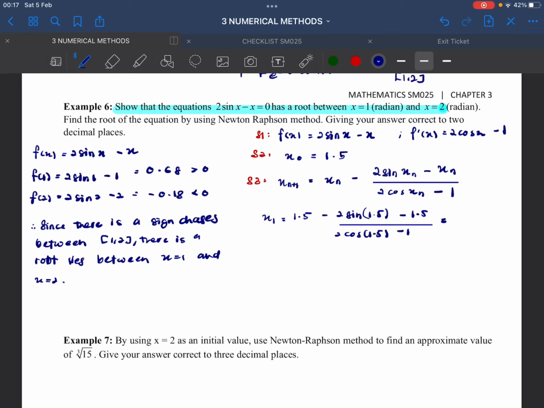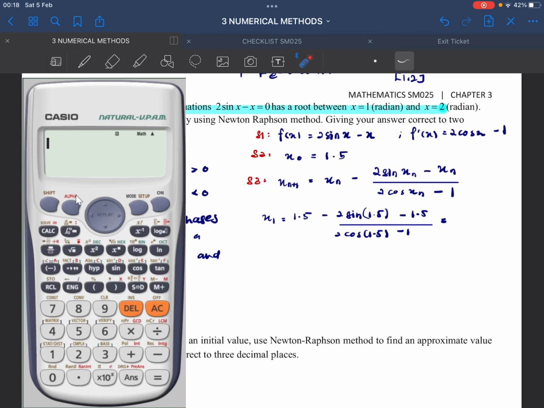Okay, first we have to input this formula. Okay, this part here. So x, alpha x minus a fraction alpha 2 sine alpha x minus x. Okay, make sure it is in radian mode sebab kita tengah buat trigo. So here our f prime x is 2 cos x minus 1.